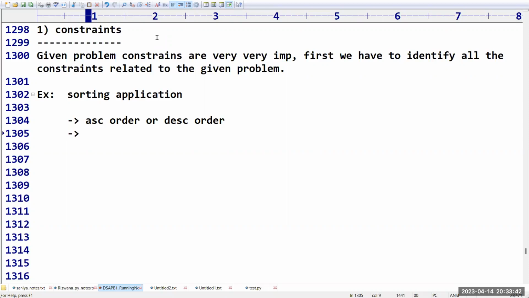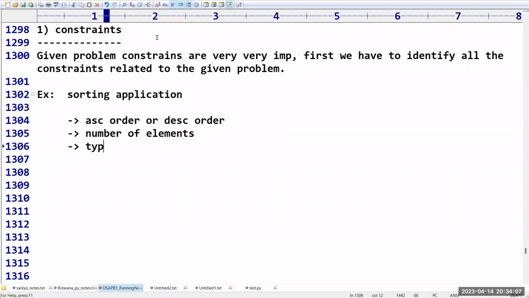Next, and very important, you need to identify the number of elements also. Just now I gave one example, right? If you have a small number of elements, suitable algorithms are there. If you have a large number of values, suitable algorithms are there. So based on the number of elements, we can decide the type of algorithm.